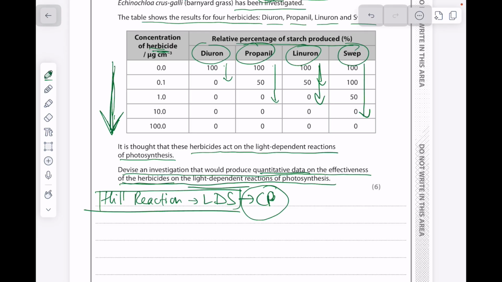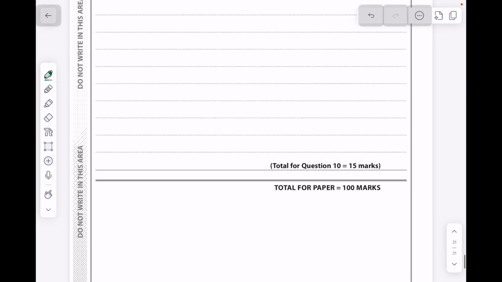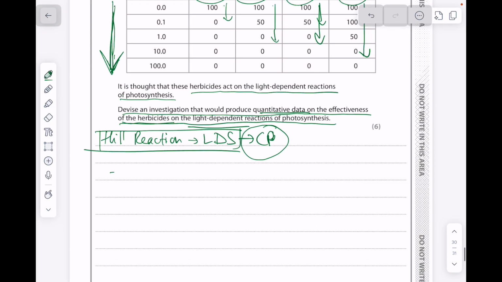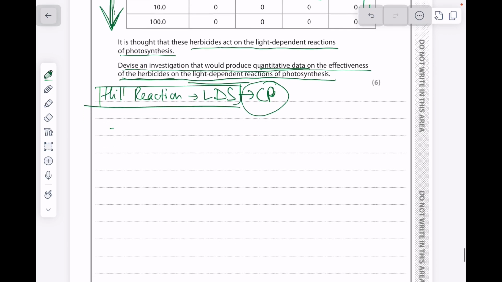Okay, so let's get into it. But let's just think about how we're going to do that first, and maybe I'll just leave my answer in a kind of planning stage rather than writing everything out, because I'm running out of time a little bit.